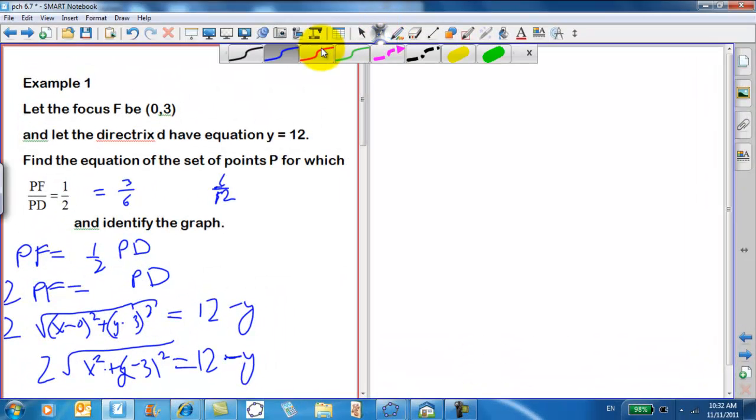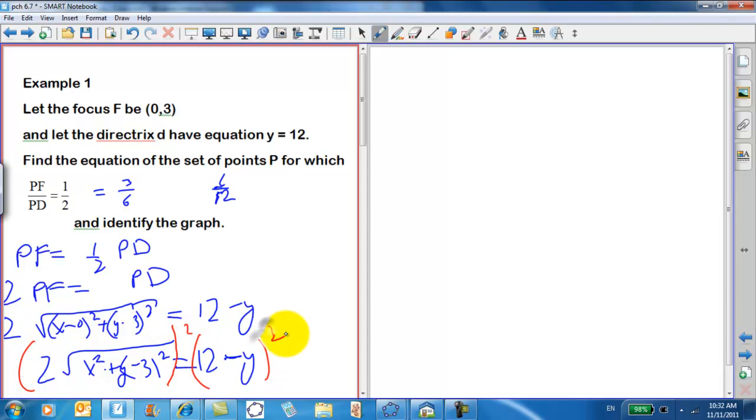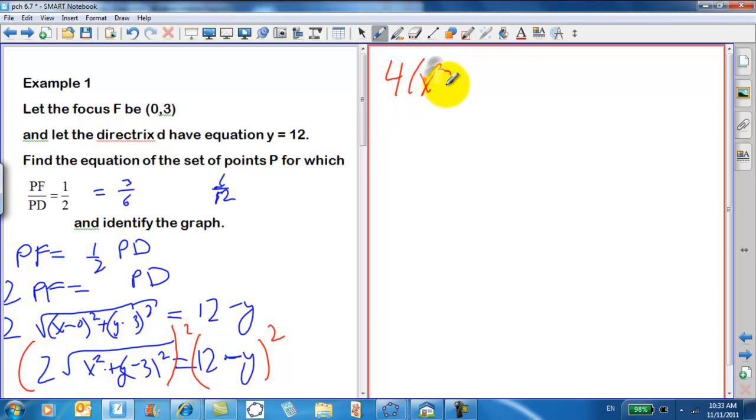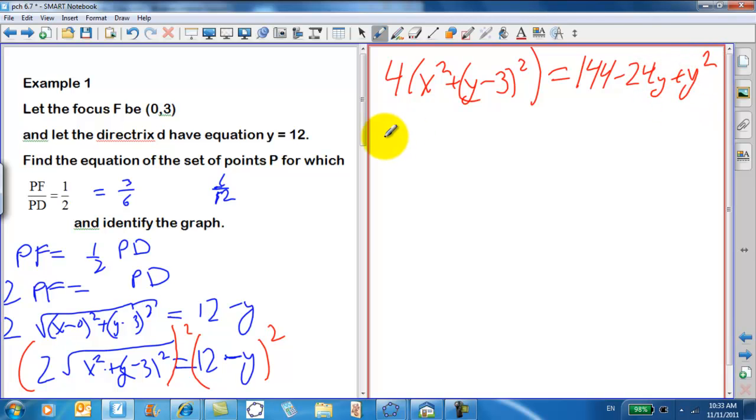So let's square both sides. Let's see what we get here. 4 times x squared plus y minus 3 squared equals 144 minus 24y plus y squared.